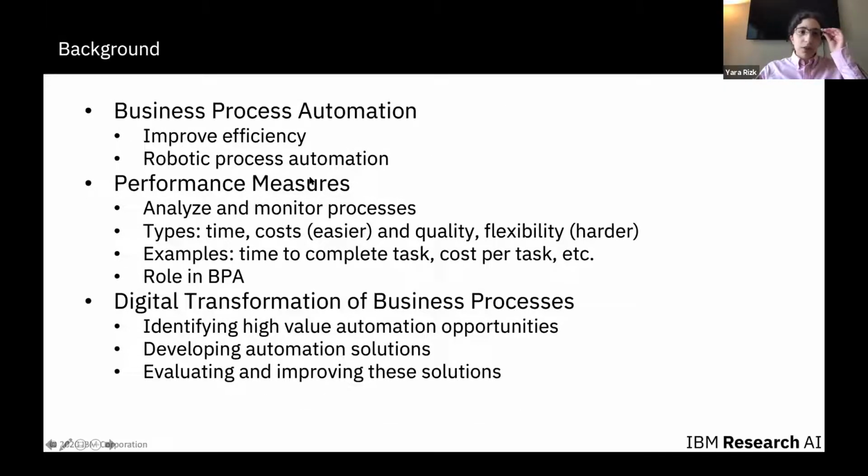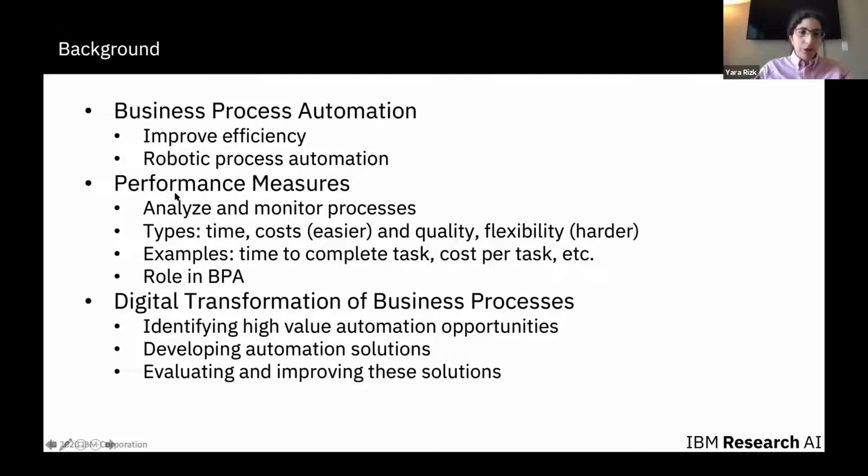And so as we move into business process automation, where we try to inject automation into these business processes, whether through RPAs or through other back-end automation solutions, we need to make sure that we're monitoring and improving our efficiency.